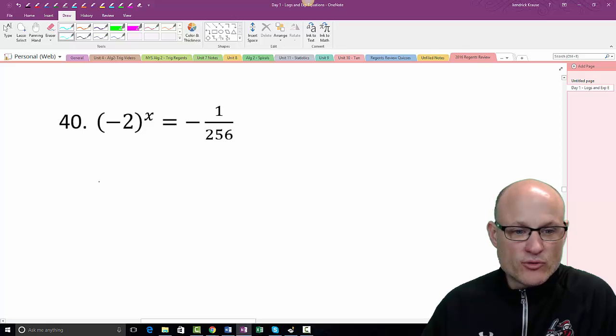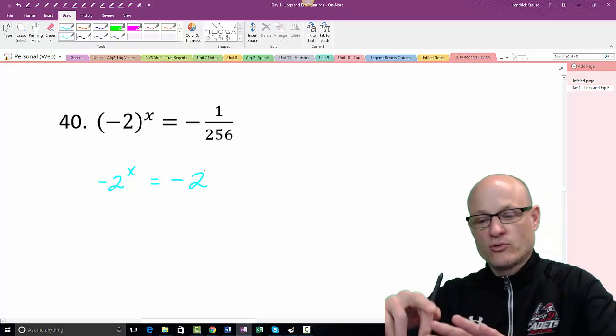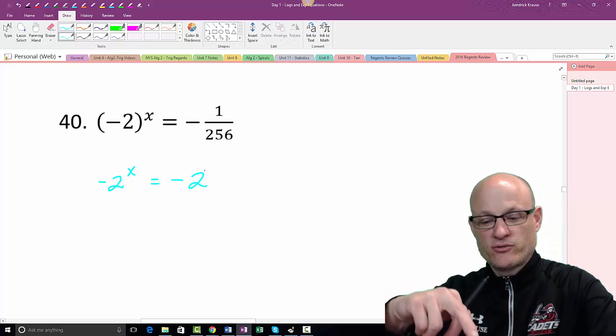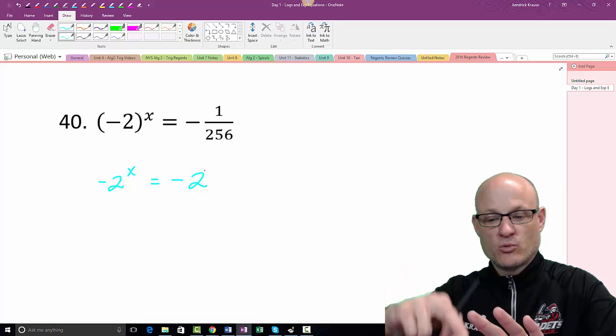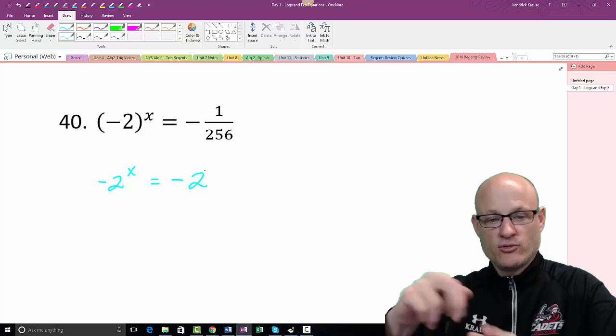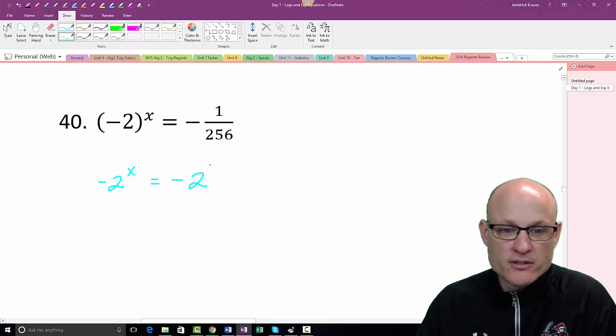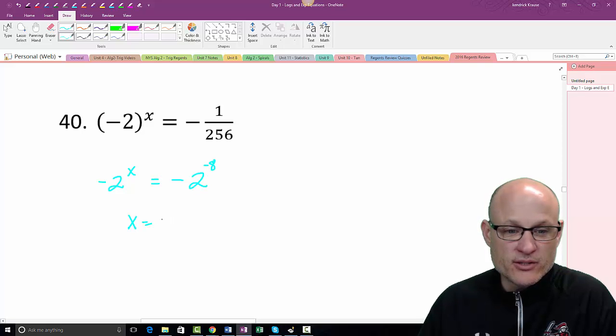So same problem. So negative 2 to the x is equal to negative 2, 2, 4, 8, 16, 32, 64, 128, 256. So it looks like x should be negative 8.